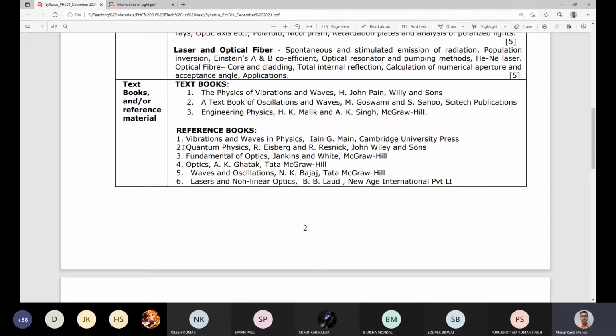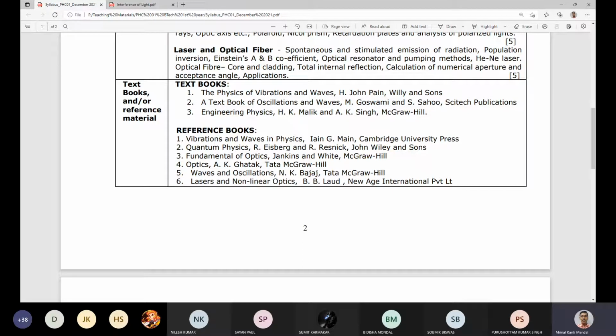So for basically vibration and waves, and mainly quantum physics, that perhaps you are familiar with, that is Eisberg-Resnick. For optics: Fundamentals of Optics, Jenkins and White, and Optics by Ghatak. That is also a very familiar book. Jenkins and White is a very good book for the optics portion.